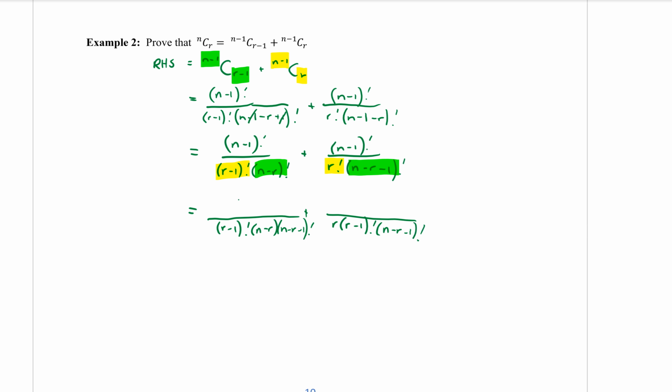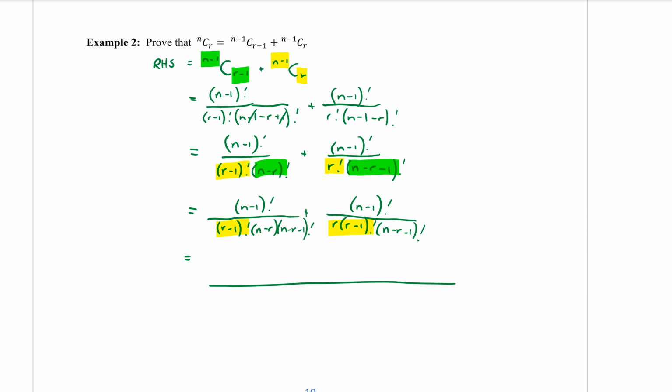I haven't changed anything on the numerators yet. So I want to get a big common denominator. From the first fraction, remember my color coding here, the r minus 1 factorial and the r times r minus 1 factorial go together. But my first fraction doesn't have the r.